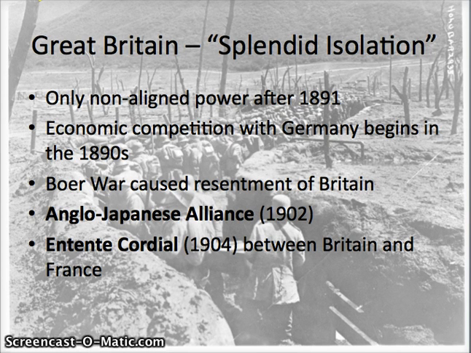You may remember its interest in Manchuria, which causes it to come in conflict with Japan. So because of this, Japan feels like involving itself with Britain is a good idea because it will counter Russian threats in a region that it is interested in, and then Britain gets protection from Russian expansion into India. All right, so this Anglo-Japanese Alliance officially ends splendid isolation for Britain.